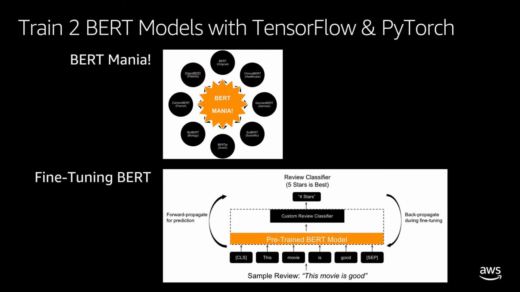There's something called CamemBERT, which is the French variant of BERT. There's something called PatentBERT, which has been trained on patents. There's BioBERT, SciBERT, German BERT for German, BERTje for Dutch, and then there's ClinicalBERT. There are literally hundreds and even thousands of these BERT variants.